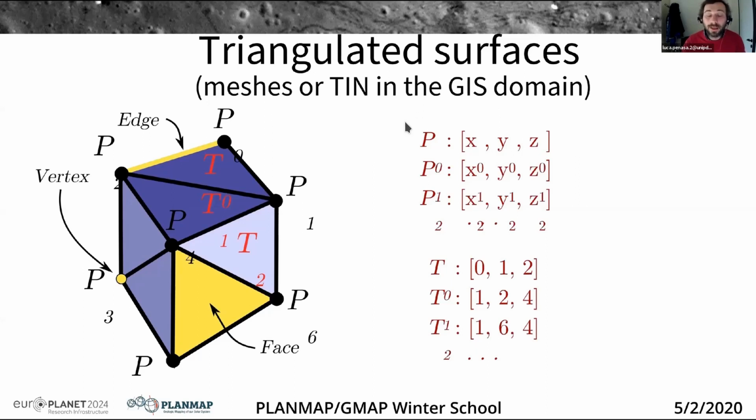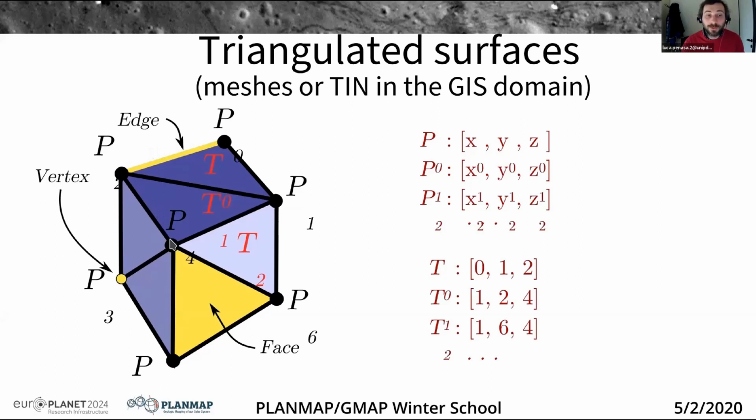The idea is that we need to provide a list of points like this one. So we have 0, 1, 2, exactly like we have seen before. And if we wanted to define an edge for this three-dimensional object here, we just need to say which point is connected to the next one. So for each edge, we need 2 points connected together, and we need a way to specify that.